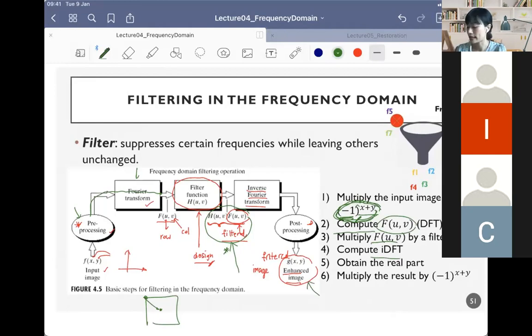So basically, you can shift the origin in the spatial domain or the frequency domain. But what we are going to use here is to shift it in the frequency domain.